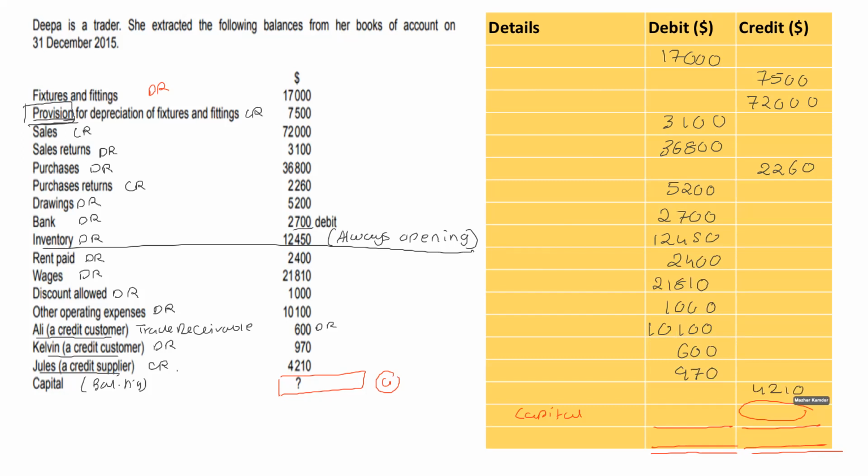Now see, I have written the debit items in the debit column, the credit items in the credit column. The total of the debit should be equal to the total of the credit, but I need to find something in the credit as a balancing figure. So I'm doing the total of the debit.